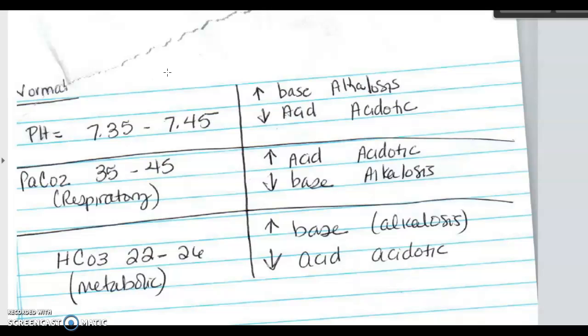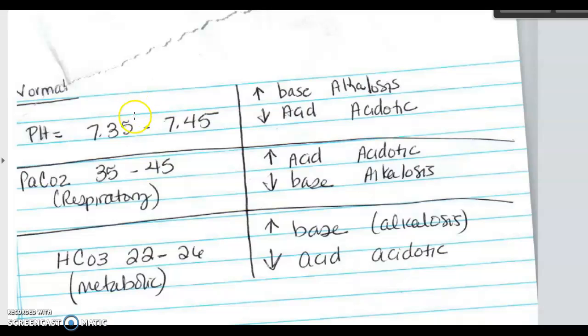So first, let's look at the pH. The normal pH is 7.35 to 7.45. Your normal PaCO2 is 35 to 45. And your normal HCO3 is 22 to 26. So let's move back up to pH.